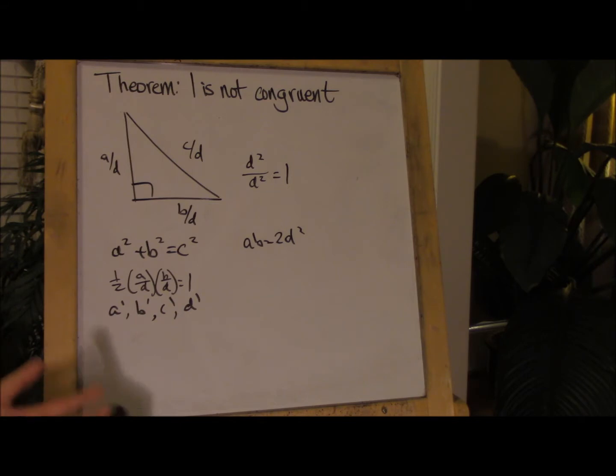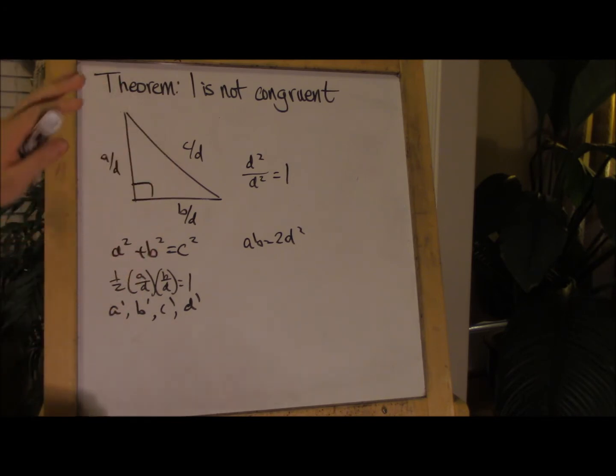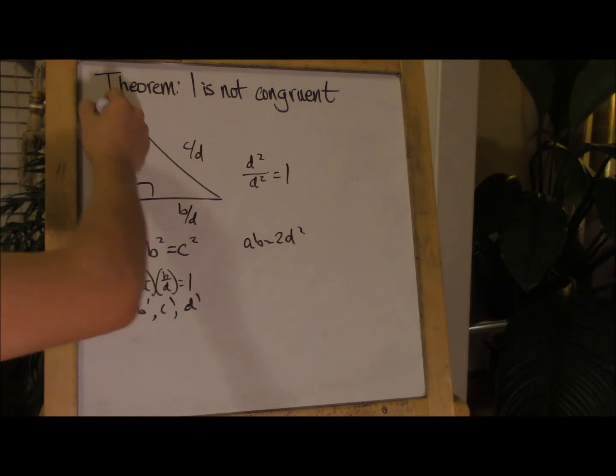So we know that the original assumption that we operated under is incorrect. And our original assumption was that there exists a rational right triangle with area 1. We know that this assumption is now incorrect.